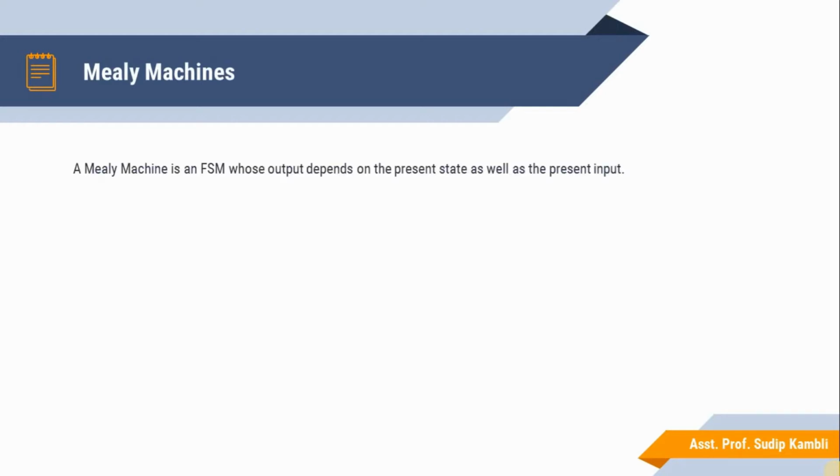A Mealy machine is a finite state machine whose output depends on the present state as well as the present input. It can be described by six tuples: Q, sigma, delta, lambda, and q0, where Q is a finite set of states.